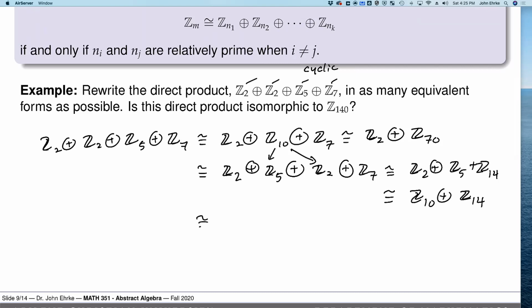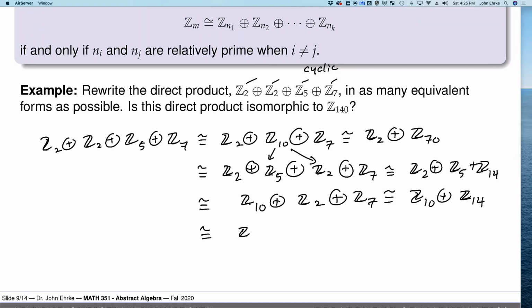And you just keep doing this. So you could see here, if I take the line directly before this one, Z2 and Z5, I could write this as Z10 here, plus Z2 plus Z7. And there's really no end to this because I can switch orders.